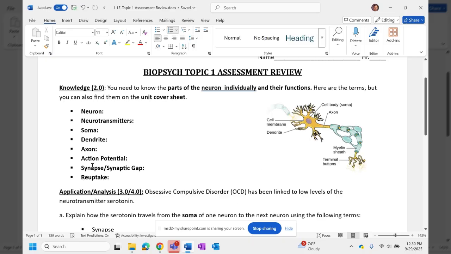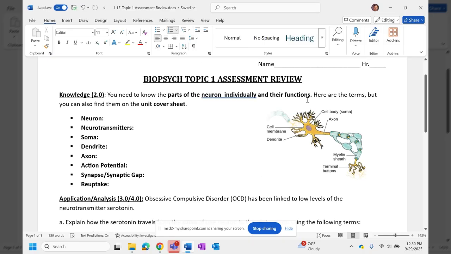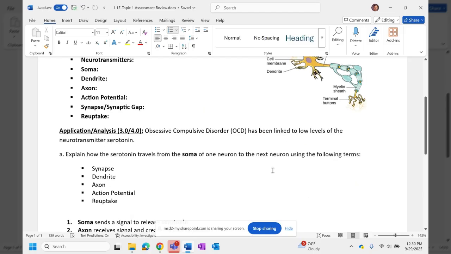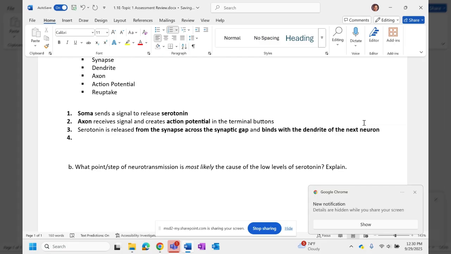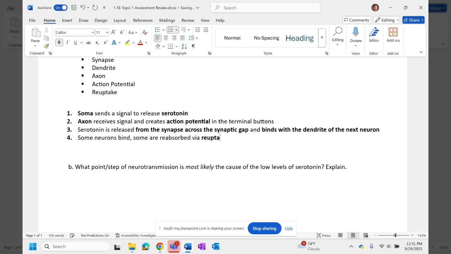If you look at these, they kind of look like little trees coming out, little fingers coming out, and they're very, very close, but there's still a little bit of distance in that synaptic gap. And they bind kind of like a lock and key mechanism. And then some neurotransmitters bind, some are reabsorbed via reuptake, and some dissolve or dissipate in the synaptic gap.